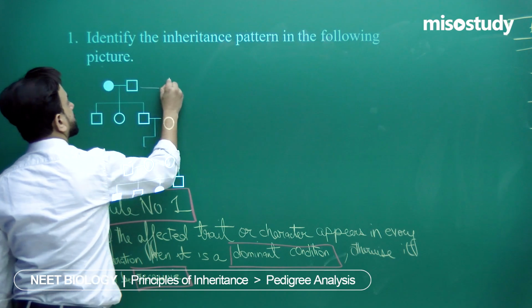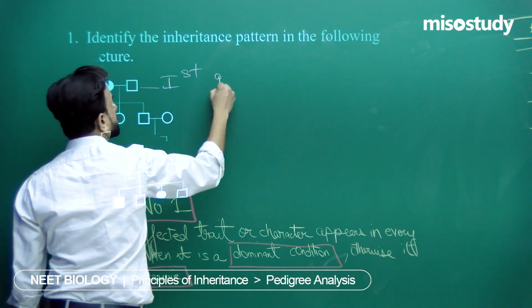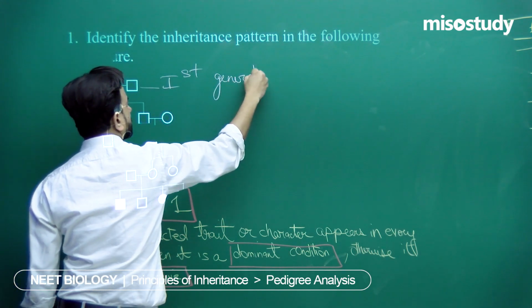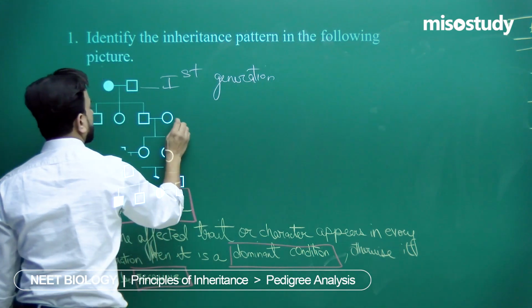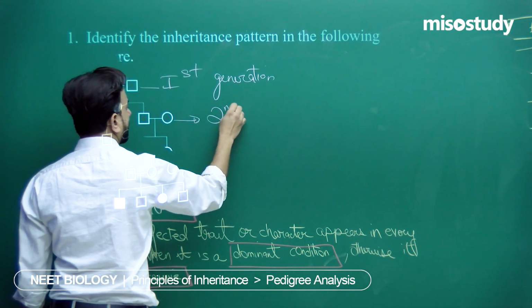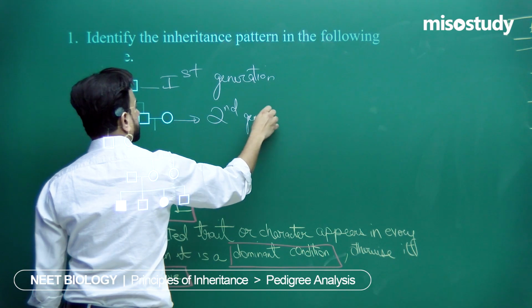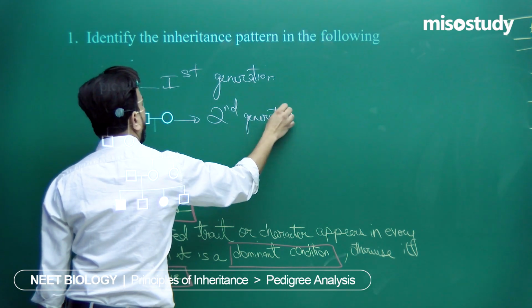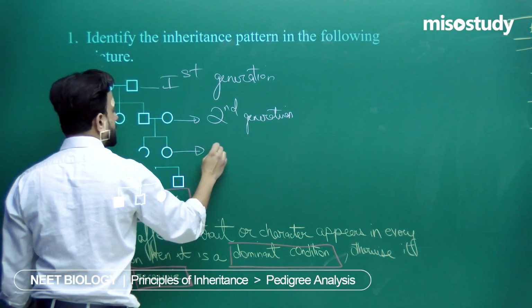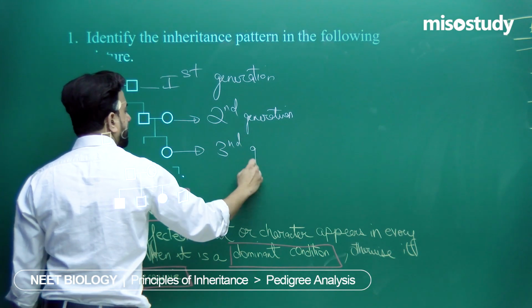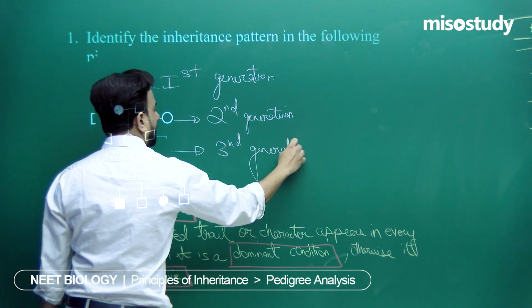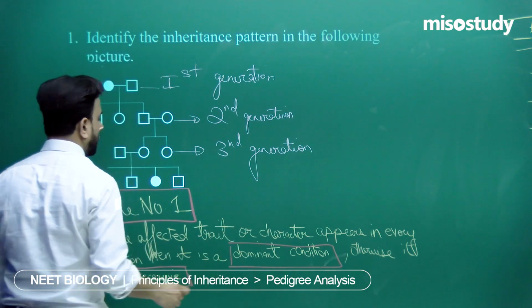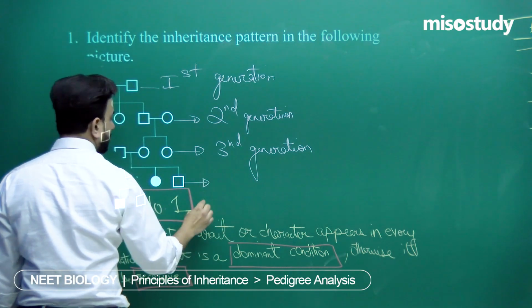This is the first generation. This is the second generation. This is the third generation. And this will be the fourth generation.